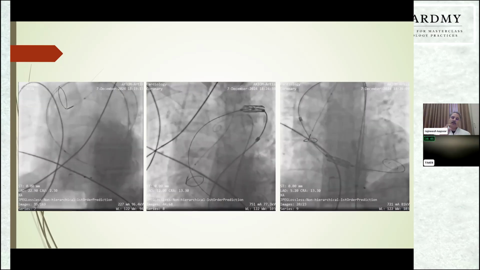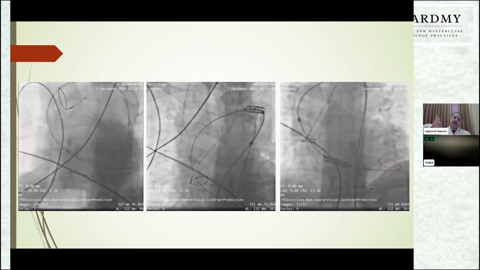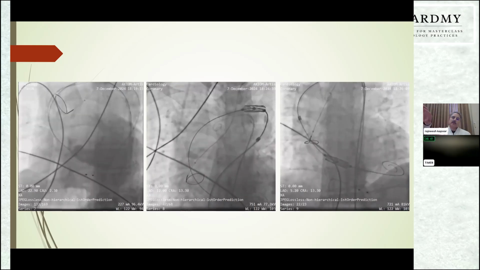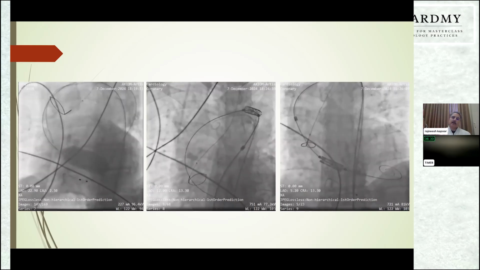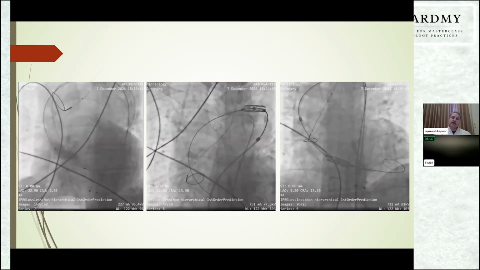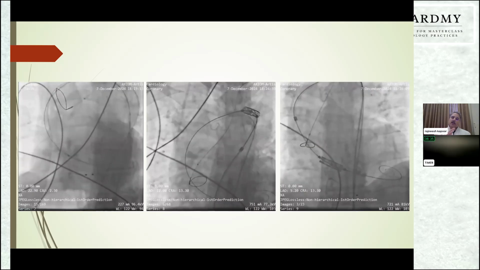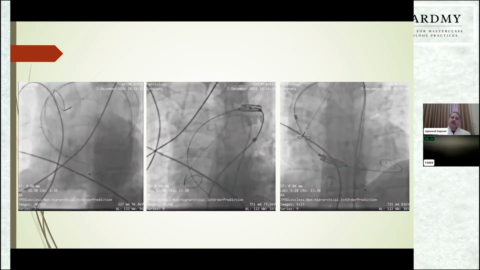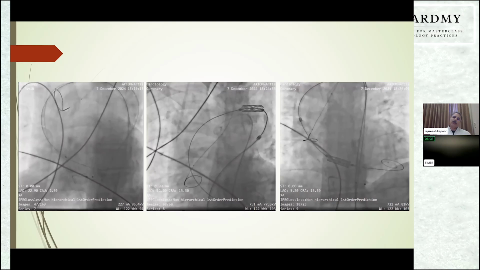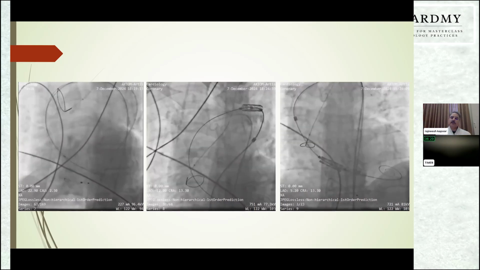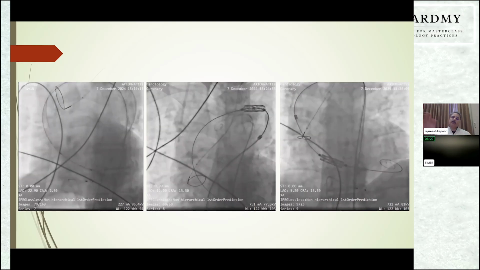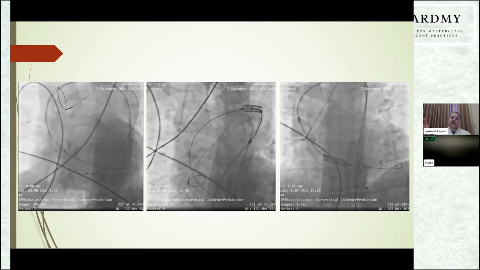Now, once we start pushing the valve so that it enters the calcified aortic valve, and partially it is in the LVOT and partially in the aorta, there is a lot of difficulty. While we push, the whole hardware sits on the greater curvature, and that 66-degree angle looks like an 80-90-degree angle.